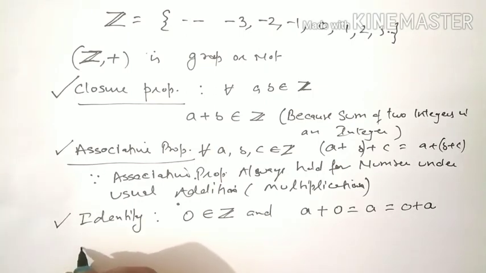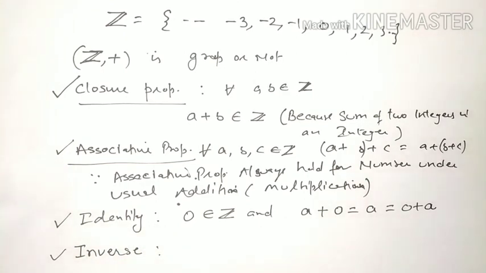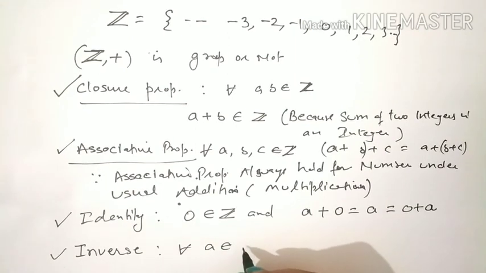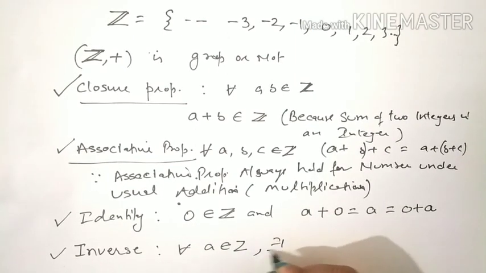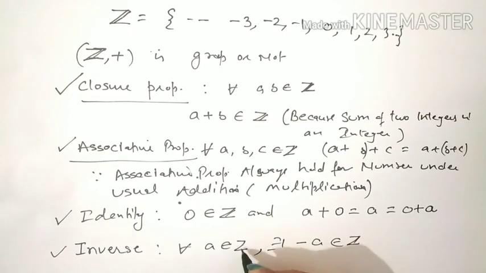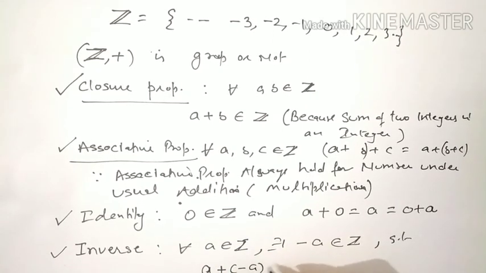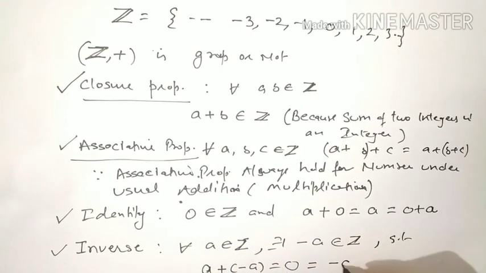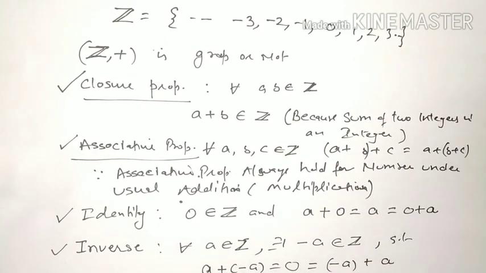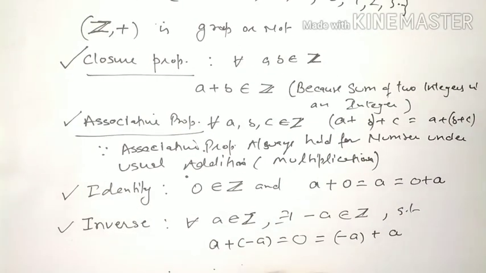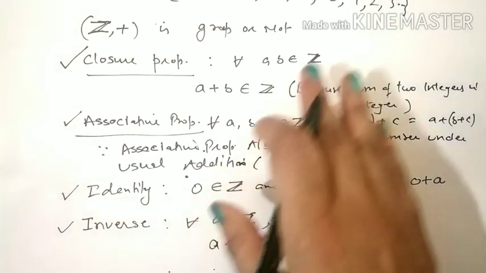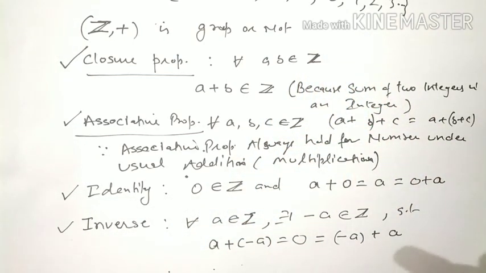Now the last property for a group is inverse. So does an inverse exist for every element? So we will write, for all a belongs to Z, there exists minus a belongs to Z, such that a plus minus a is 0. Or on the other hand, if we change the place as well, left and right side, both inverses exist, because in the set of integers, if you take any number, let it be 7, then what is the number which, when added to 7, gives us 0?